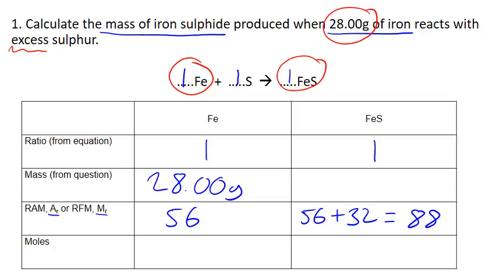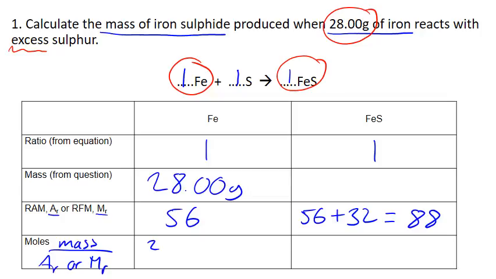Okay, now what I need to do now is I need to look at calculating the number of moles. So number of moles equals the mass divided by the atomic mass or the formula mass, the MR, depending on what I'm looking at. Now for iron, this is going to be an AR because it's an atom.